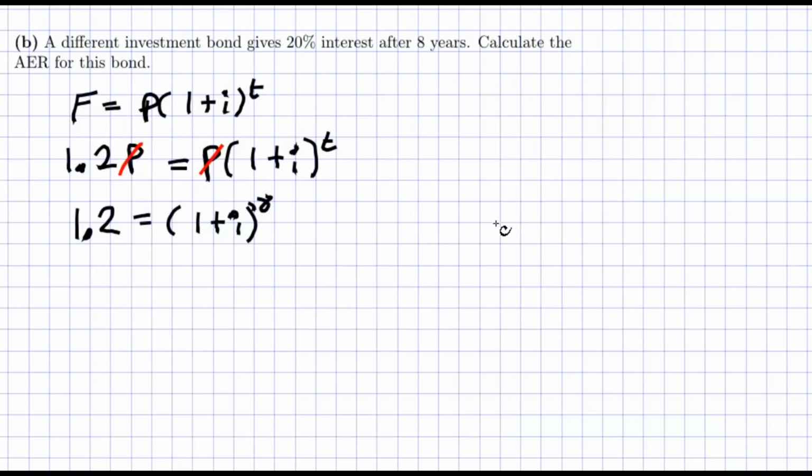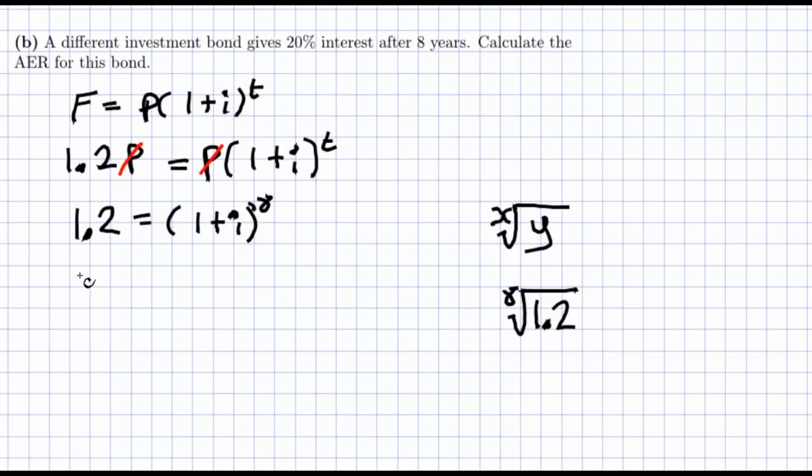You should see a button that's something along the lines of an x with a root and a y, so that you want this x to be 8. So what we want is the 8th root of 1.2. Don't confuse this with a square root. This 8 up here means we're looking for the 8th root. It's undoing the power of 8 effectively.